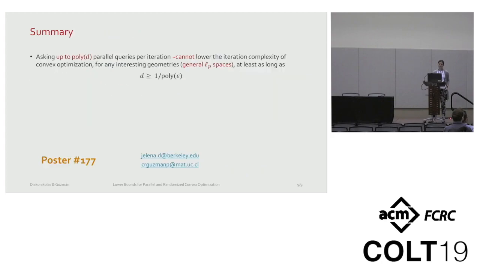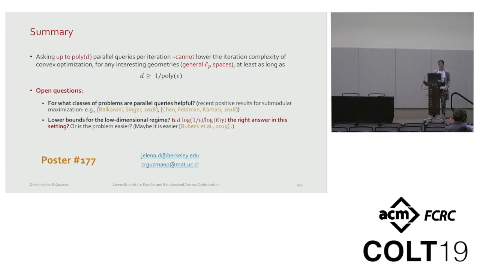So in summary, in the high dimensional regime, for almost any interesting setting of convex optimization, you cannot improve the iteration complexity of convex optimization by using parallelization. Now, some open questions that we're interested in: one is, are there structured classes of problems on which you can actually gain from parallelization?